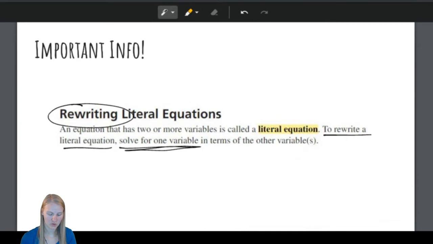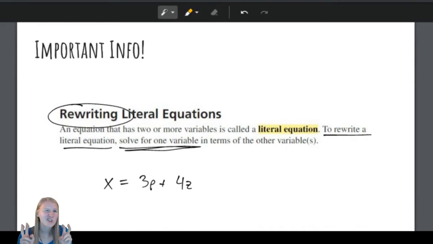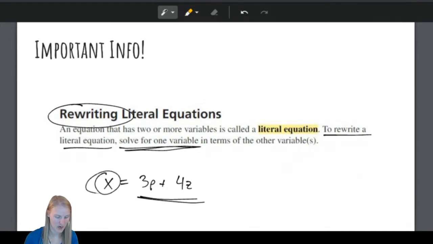All this means when you say in terms of the other variables, it means that you get x equals 3p plus, like, 4z. It just means that the other variables are on the other side of the equal sign. So you have x by itself and the other variables are on the other side.